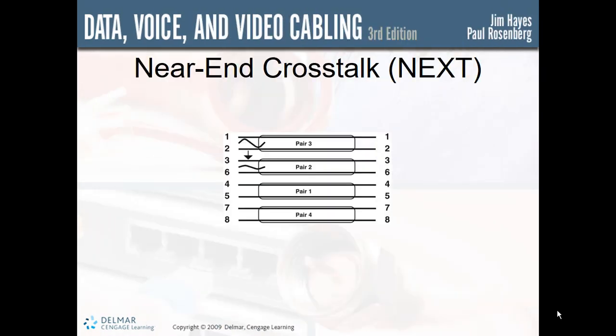Now, in a cable that has 4 pairs of electrical conductors, whenever one pair is carrying signals, it may couple some of its energy into an adjacent pair. Now, if a signal is being transmitted from the other end simultaneously, the proper signal may be compromised by interference from the crosstalk. Each pair works like an antenna.